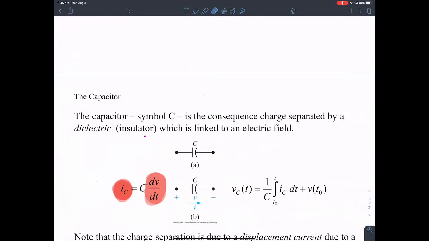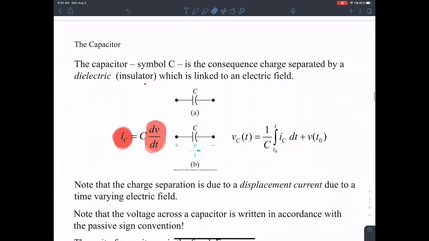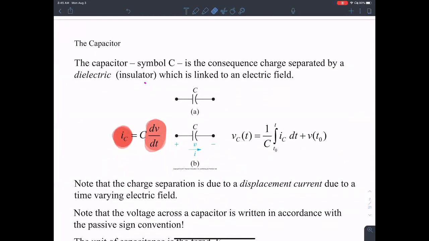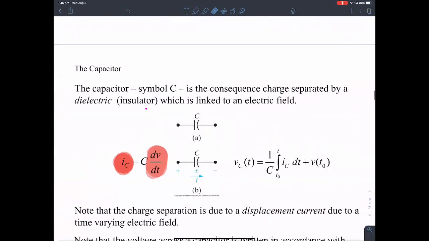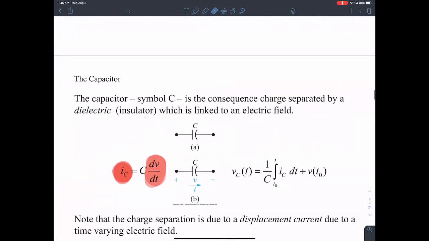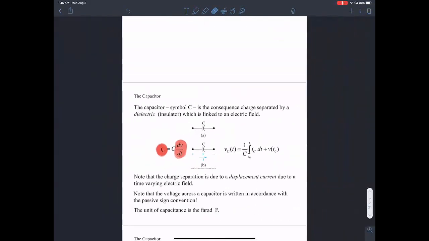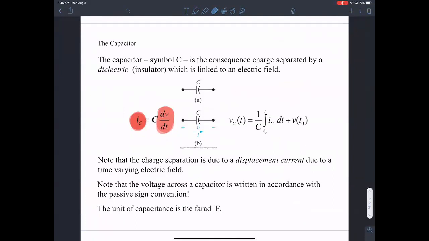When charges are separated by an insulator, that leads to capacitance. There is no current actually flowing through these two terminals, but there is a displacement current around the terminals of the capacitance. It can be viewed pretty similar to current actually flowing through the capacitance. Charge separation is due to displacement current.